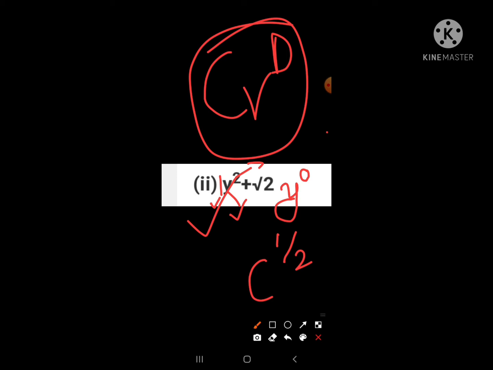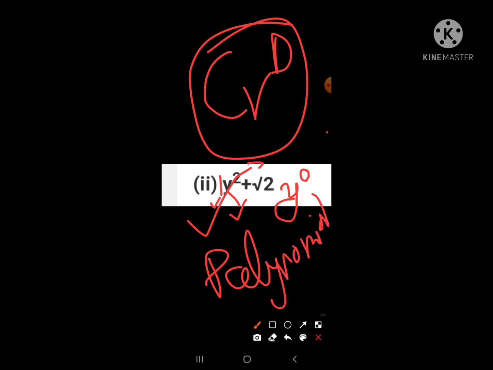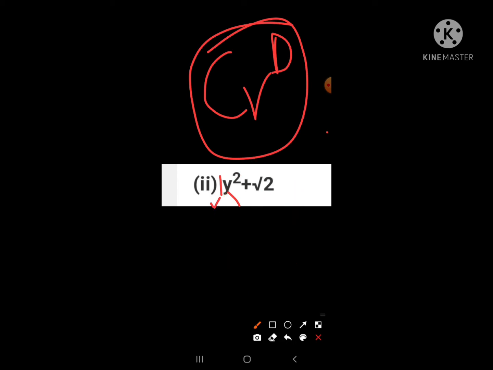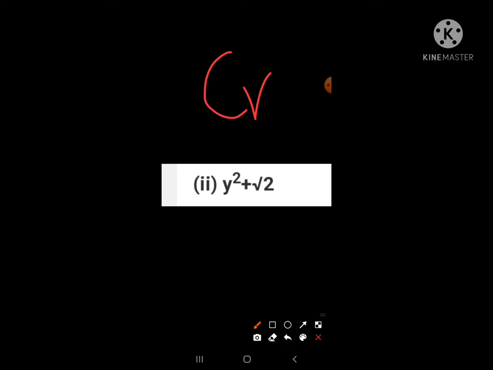Your variable should have a power that is a whole number. So here the power is 0, so that is a polynomial. It doesn't matter whether the constant is a decimal or whatever, but your variable's degree must be a whole number only. That is how you will recognize a polynomial. Okay, got it? I hope it's very clear.